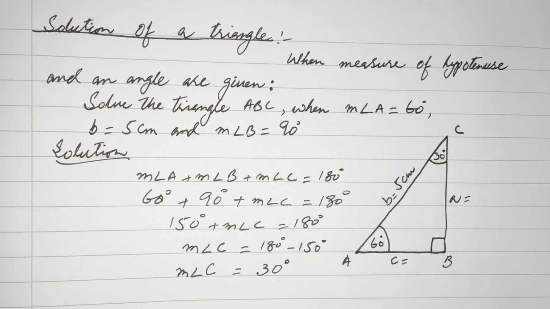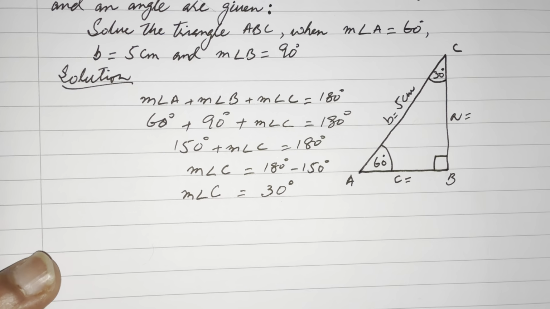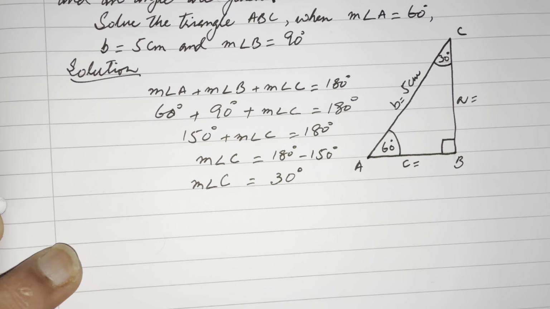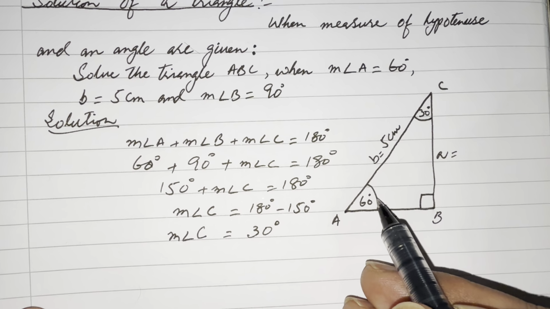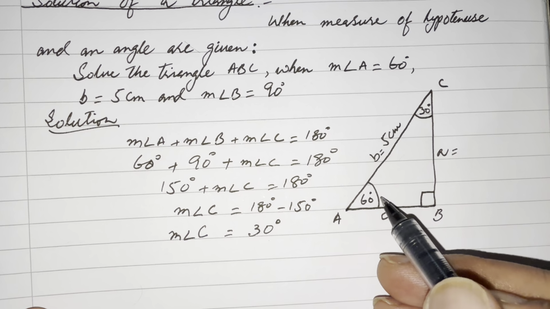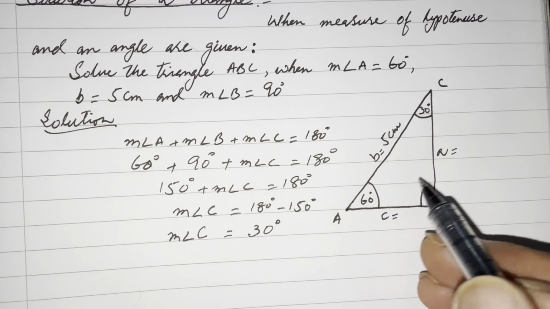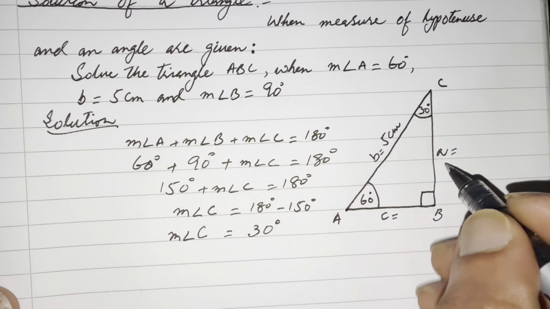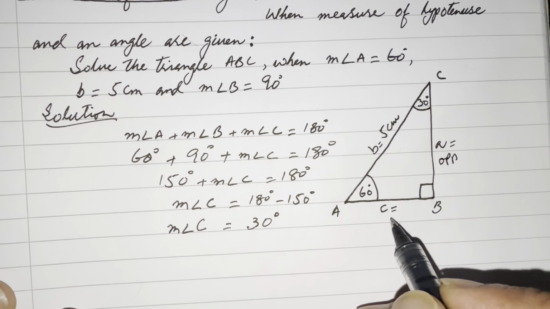Now here we are going to use the trigonometric ratios with respect to angle 60. Angle 60 is given as measure of angle A, and we have to find the length of the opposite side of the 60 degree angle. So that side will be the opposite side, and this side will be the adjacent side.